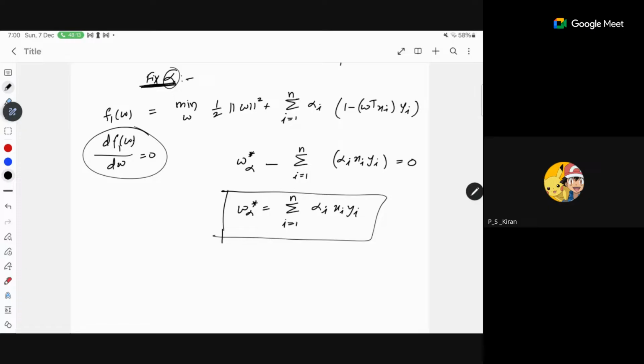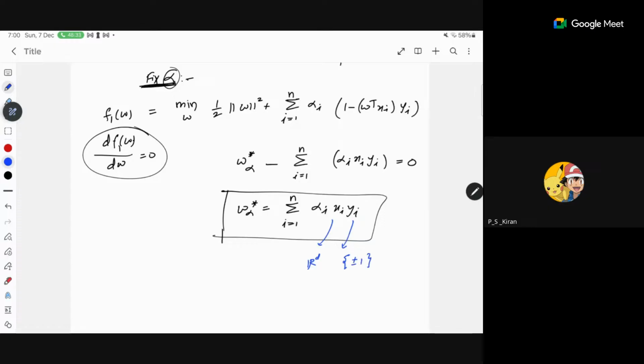And what can we understand from here? What is xi yi? It is basically a data point, right? xi yi is a particular data point, because your xi is in R^D, yi is in plus minus 1, correct?